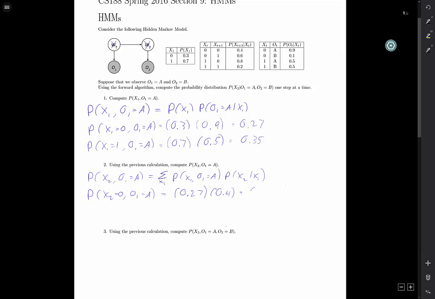Plus, now let's do x1 equals 1. So from the previous part, this will be 0.35. And the probability we go from 1 to 0 is 0.8. And this equals 0.388.